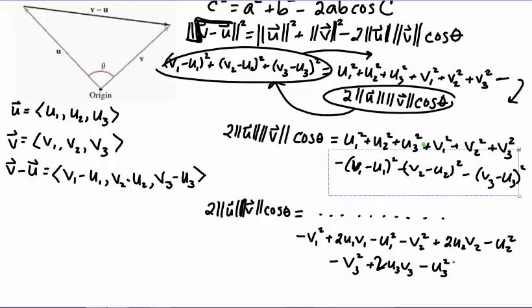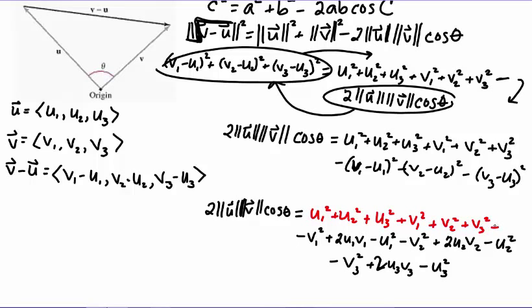And now, if I put this stuff back on top, I'm going to make it a different color. The top stuff was u1 squared plus u2 squared plus u3 squared plus... I know, I'm bored of writing too. So if I take this now, I have a u1 squared up here, I have a u1 squared down there, and it's negated.